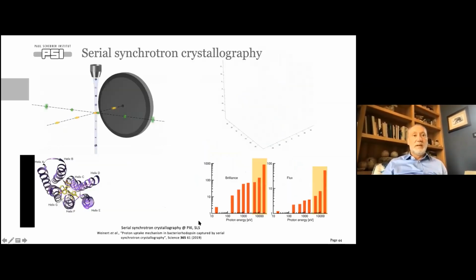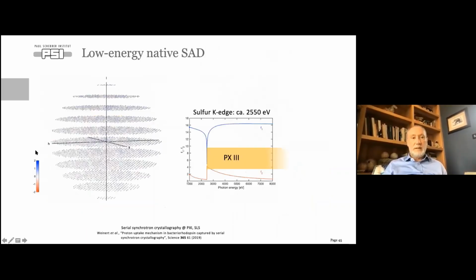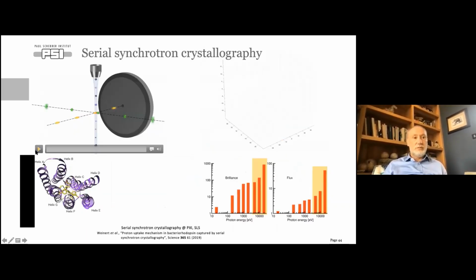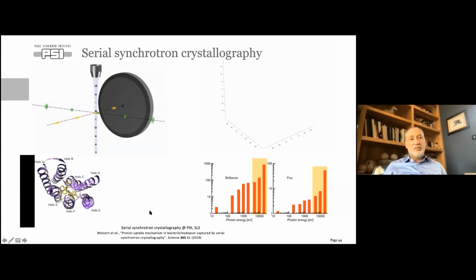Now, serial synchrotron crystallography is, for some reason, not running. This is a technique where one takes a jet or a toothpaste and one hits these tiny crystallites here, and they all come in at a random direction.